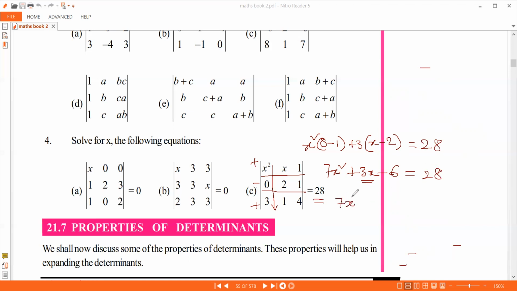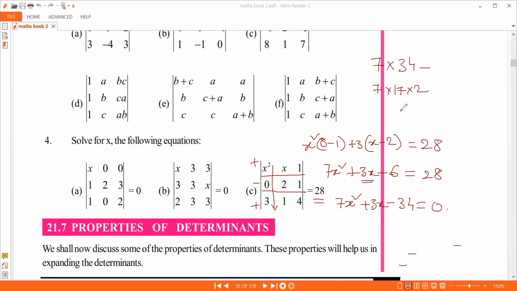So 7x square plus 3x minus 28 plus 6, that is actually 34. Right? This is what you are getting. 34 you have. So you have 7 times 34. So you can do like this, 7 into 17 into 2.